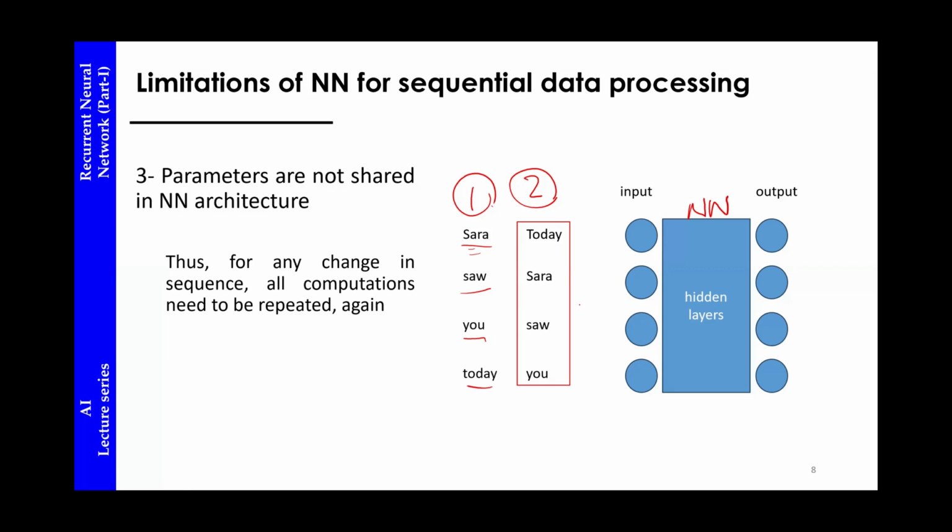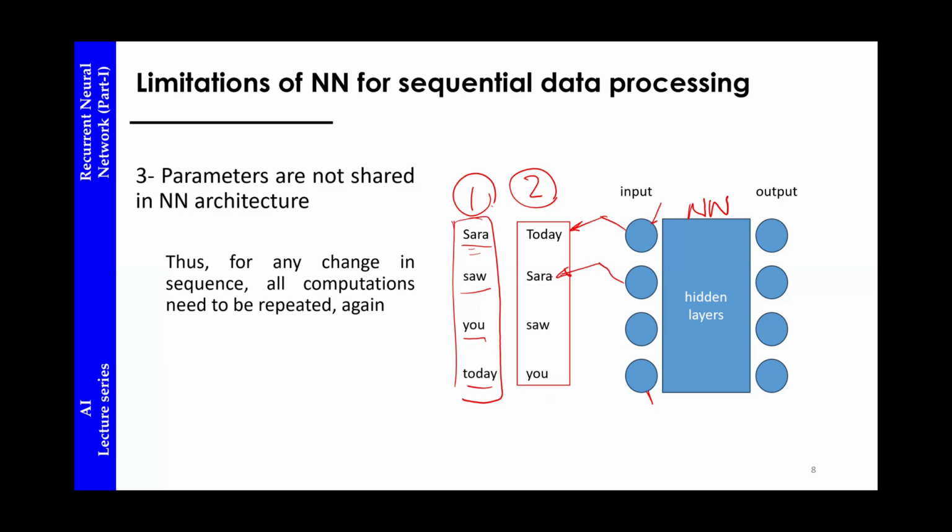It means that, for example, in the first example, when we introduce "Sarah saw you today", Sarah will be processed by the first node, for example, and today will be processed by the last node. And if you change the order and introduce "Today Sarah saw you", today will be processed by this node, and Sarah will be processed by this node.